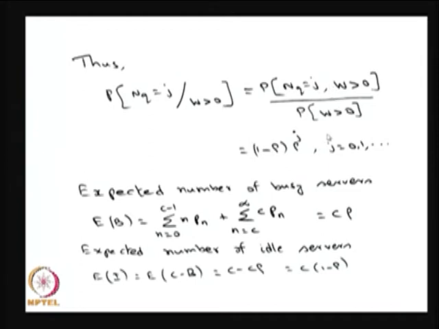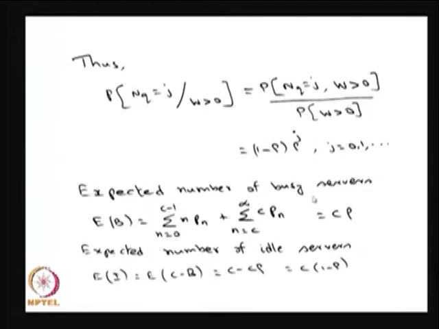If I do a little simplification, I will get 1 minus rho times rho power j, where rho is lambda divided by C mu. This is nothing but the probability mass function of a geometric distribution. Therefore, this conditional probability is geometrically distributed with parameter rho.